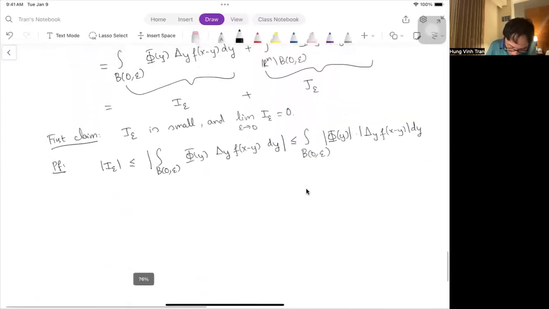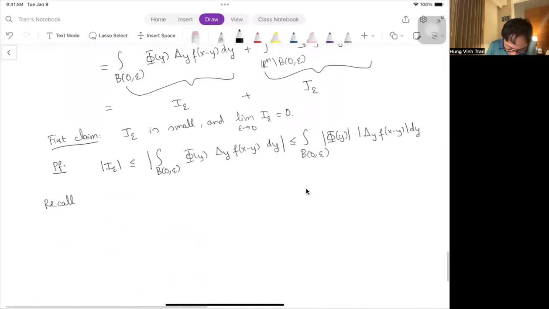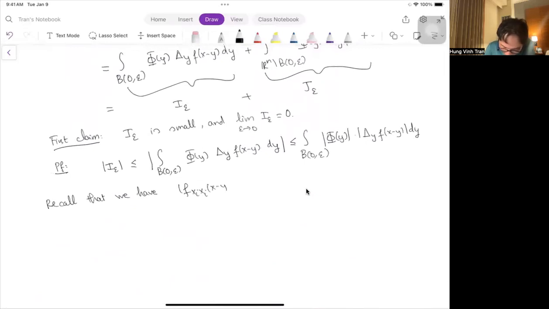So recall that we have, let's say, that f_xi of x minus y equals f_yi of x minus y. This is bounded by K, right?